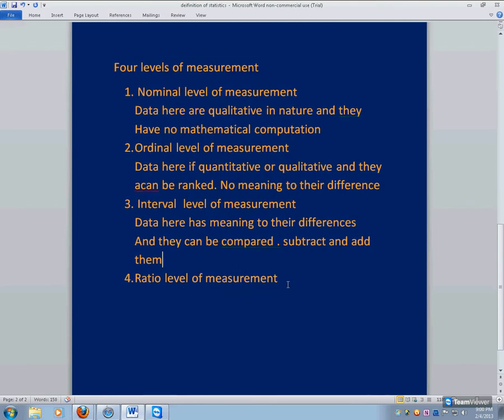The fourth is the ratio level of measurement. Here is the highest level of measurement. Here you could do a lot of things with it. It has both quantitative and qualitative measurement. It has mathematical computation.